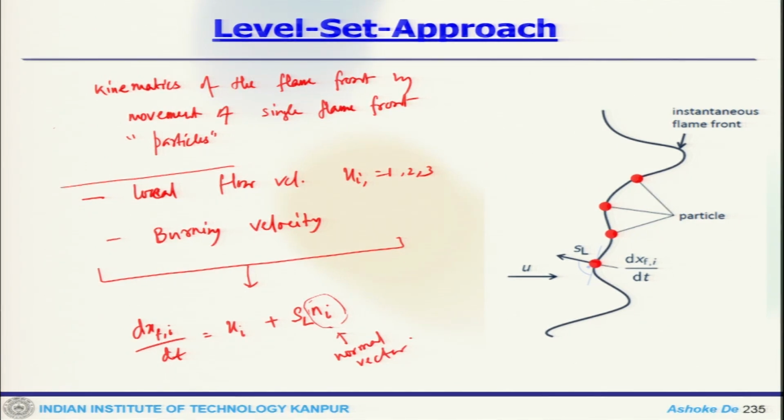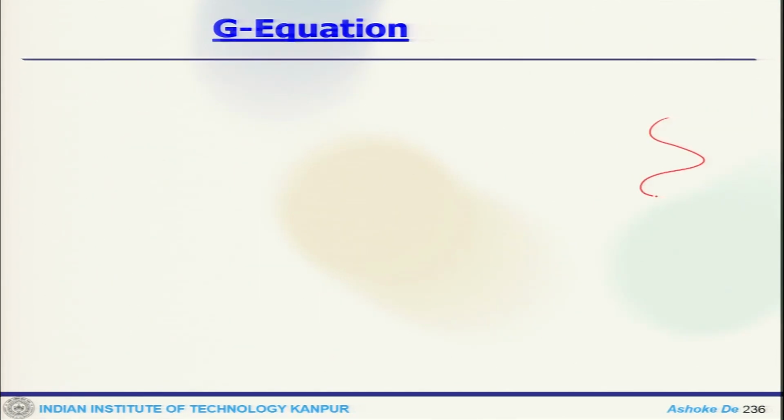Then we can have the same flame front where G less than 0 and G greater than 0. This could be our burned side, this could be the unburned side, and this is G of x, t equals 0.